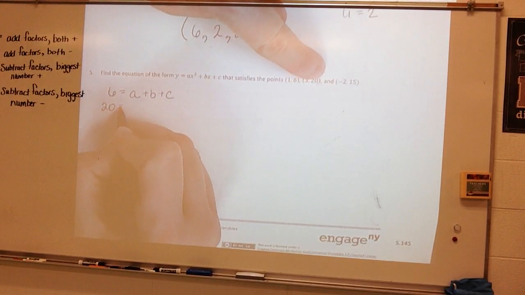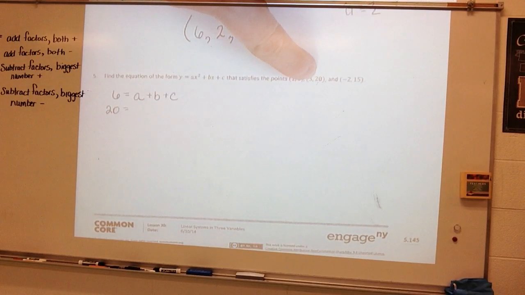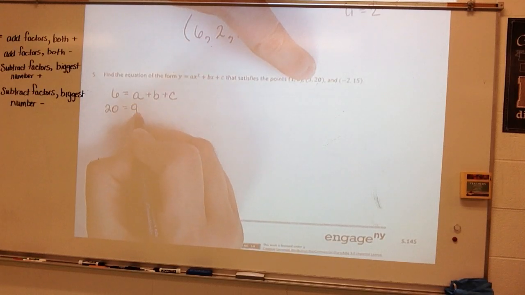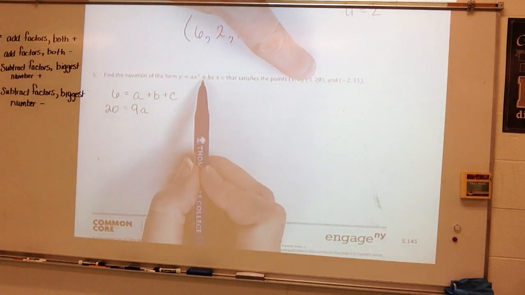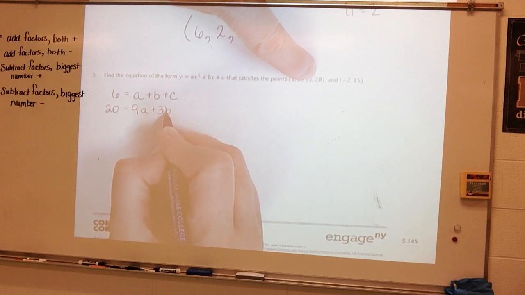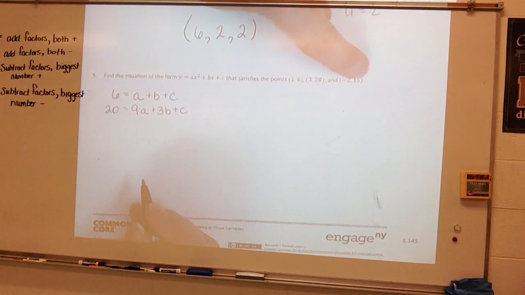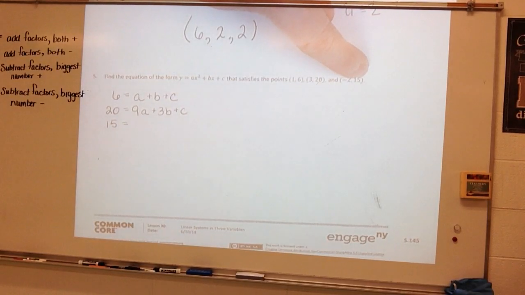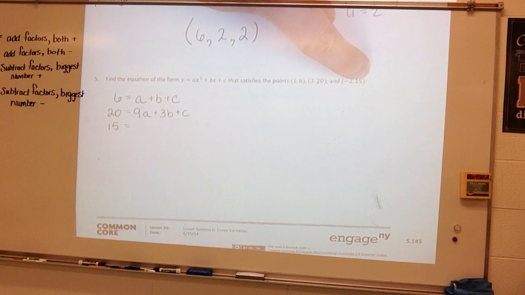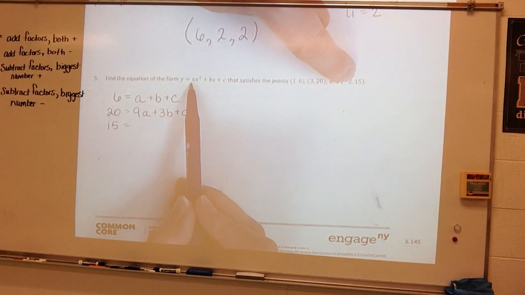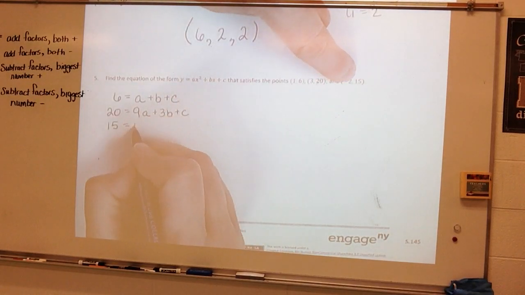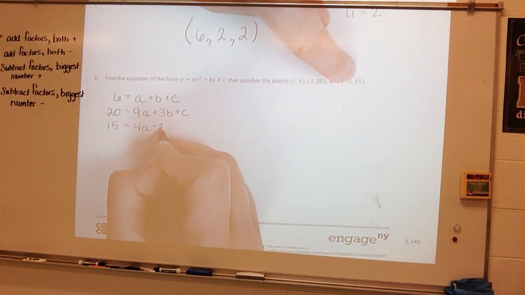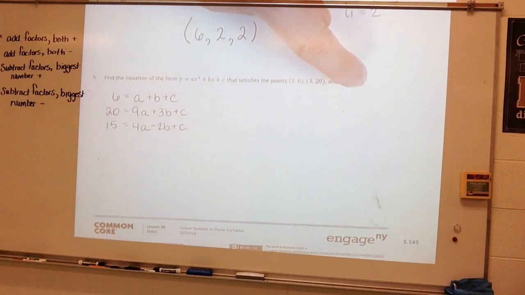So 20 is equal to, now we're going to plug in 3 for x. 3 squared is 9, so I get 9a plus 3b plus c. Then I have y is 15, so we've got 15 is equal to, negative 2 is my x, so negative 2 squared is 4a. Negative 2 times b is negative 2b plus c.